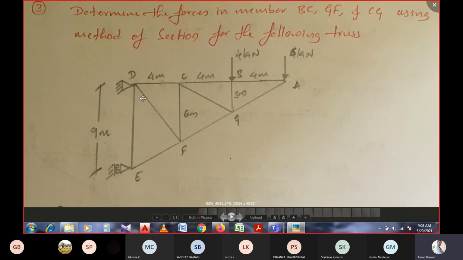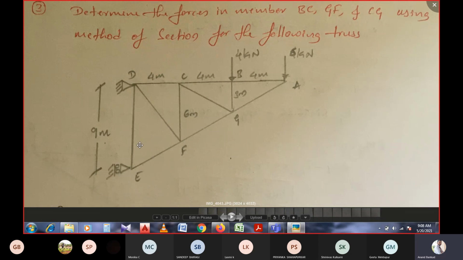If you refer to the diagram, the angles are not yet given. That means the angle of inclination of the members to the horizontal or to the vertical is not given. So by referring to trigonometrical functions, we need to find the angle.